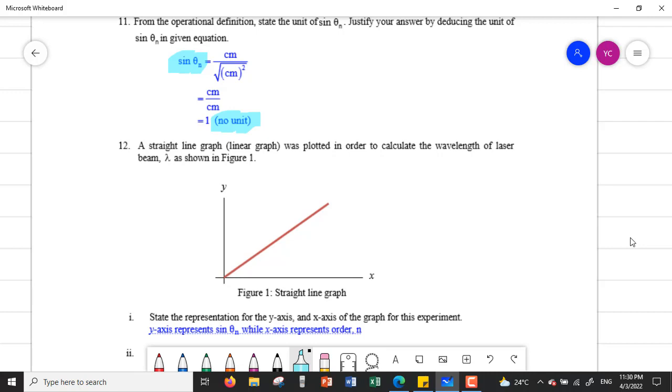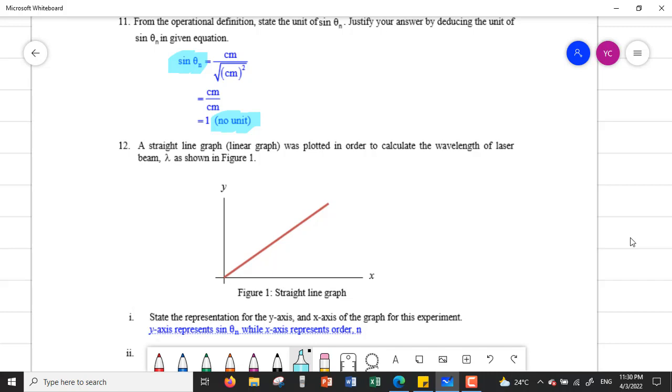A straight line graph, a linear graph, was plotted in order to calculate the wavelength of the laser beam lambda as shown in figure 1 below. State the respective quantities for the y-axis and x-axis of the graph for this experiment.